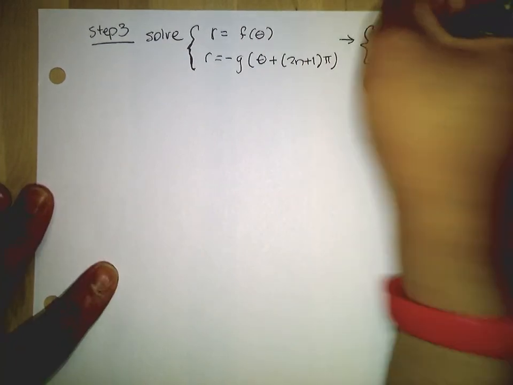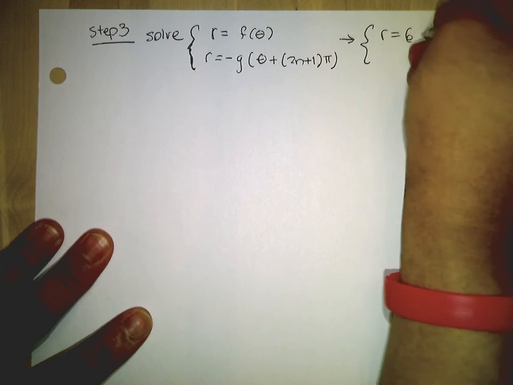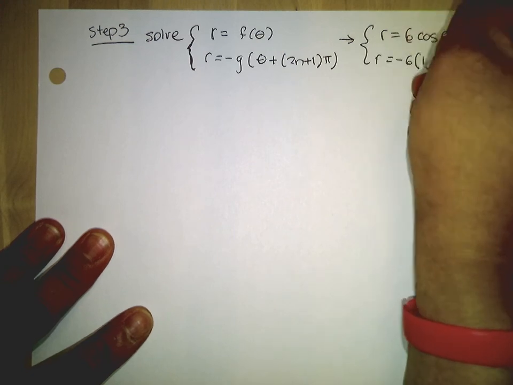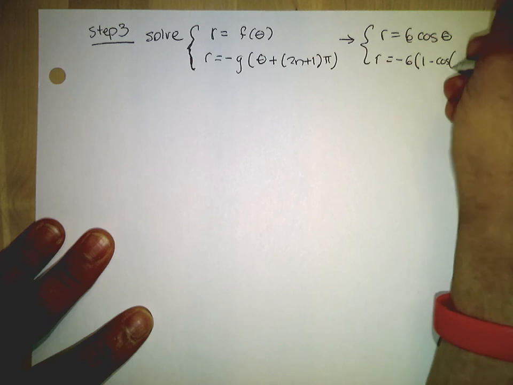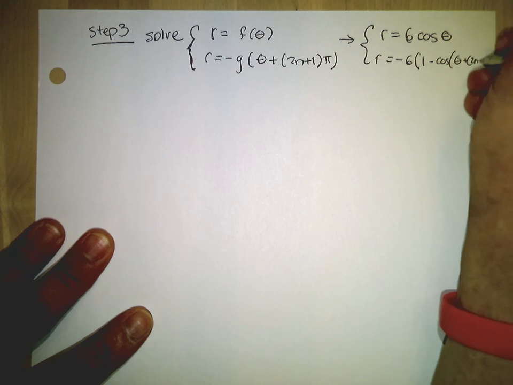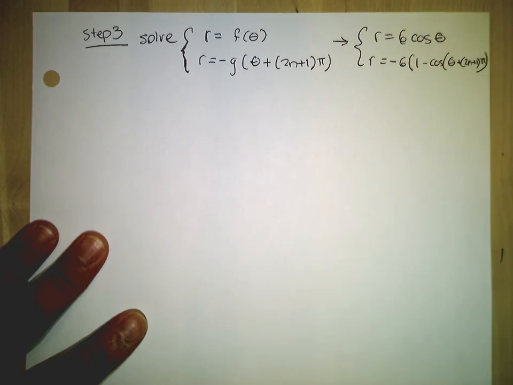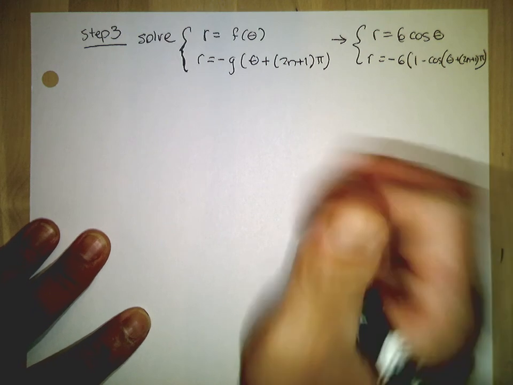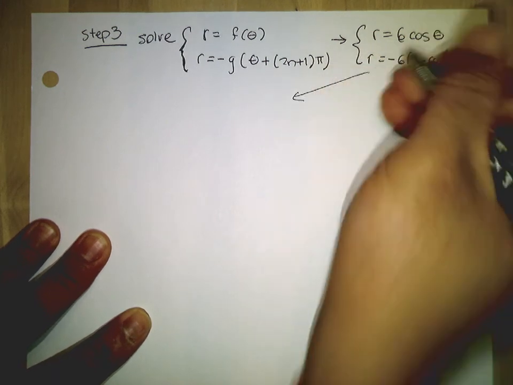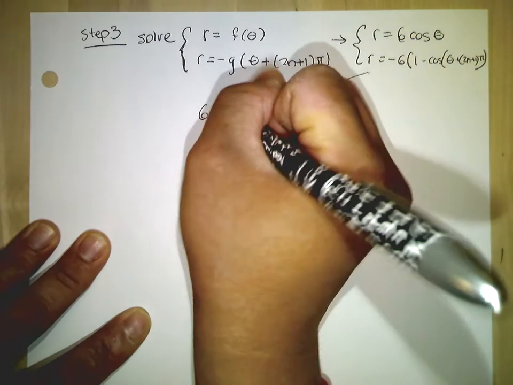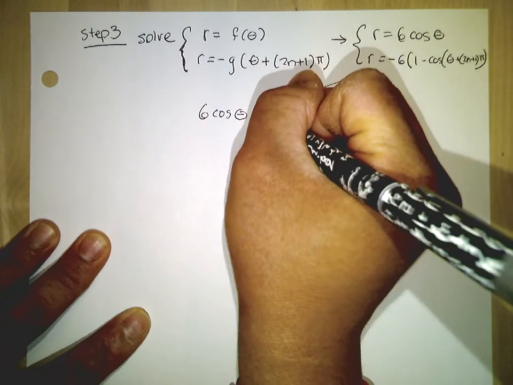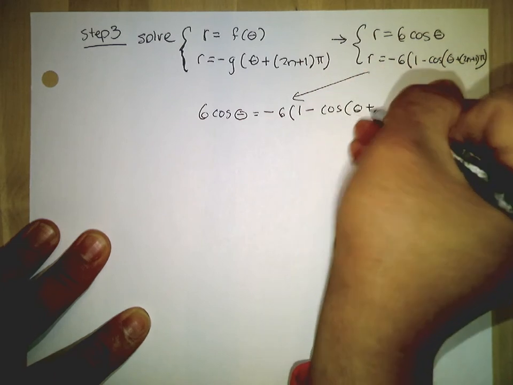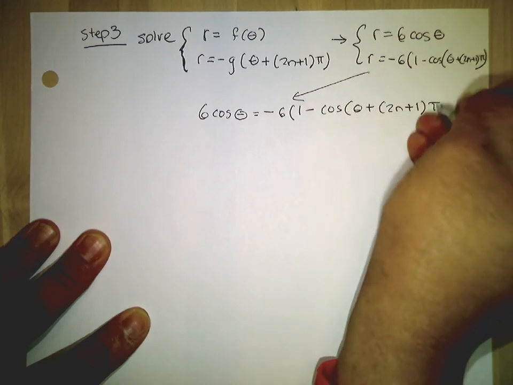So that will give us, in this case, r is 6 cosine of theta, or r is the opposite of 6, 1 minus cosine of theta plus 2n plus 1 pi. All right, so hopefully that is okay with you, and we'll solve these by setting the two r's equal to each other. So 6 cosine of theta is the opposite of 6 times 1 minus cosine of theta plus 2n plus 1 pi.